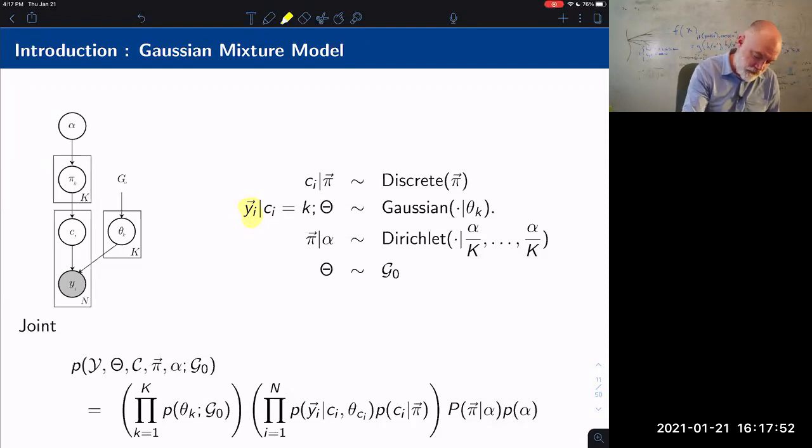The graphical model, which we talked about, is on the left. And we know that we can write down the joint distribution from the graphical model because we know there's a one-to-one correspondence. We know how to interpret plates and so on and so forth, right? So here's the write out of this big graphical model under these assumptions, where G naught here is just some prior, which I haven't said what it is, but it would make sense for it to be multivariate normal inverse Wishart in this particular case.